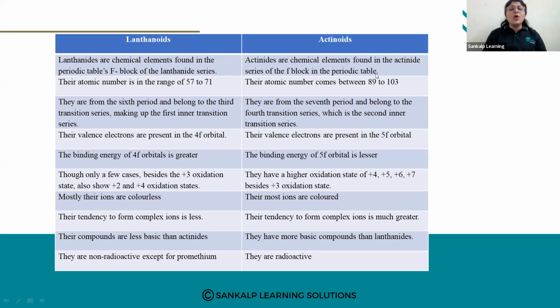Only one element is radioactive, that is promethium. And in actinoids, all the elements are radioactive. So these are the major differences. Please make a note of these very important differences between the lanthanoid and actinoid series.